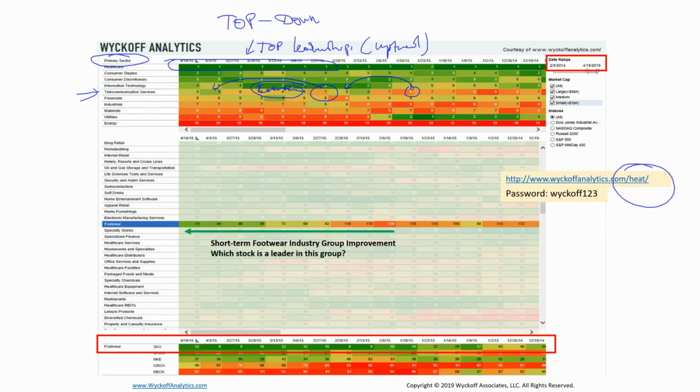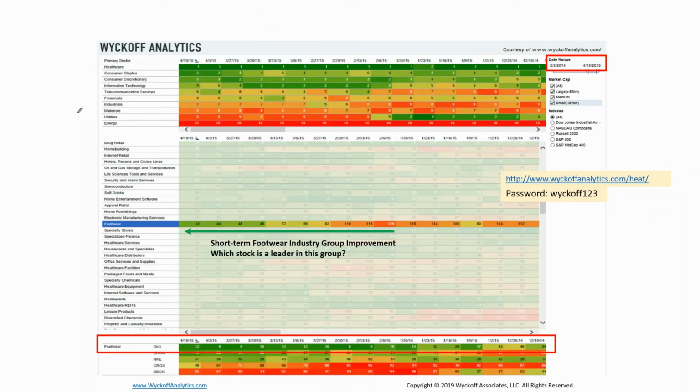Therefore, we need to look at this rally and make an assessment as to are there any candidates that would show the relative strength, show the correct structure, and show us the correct timing. So what would we do here?